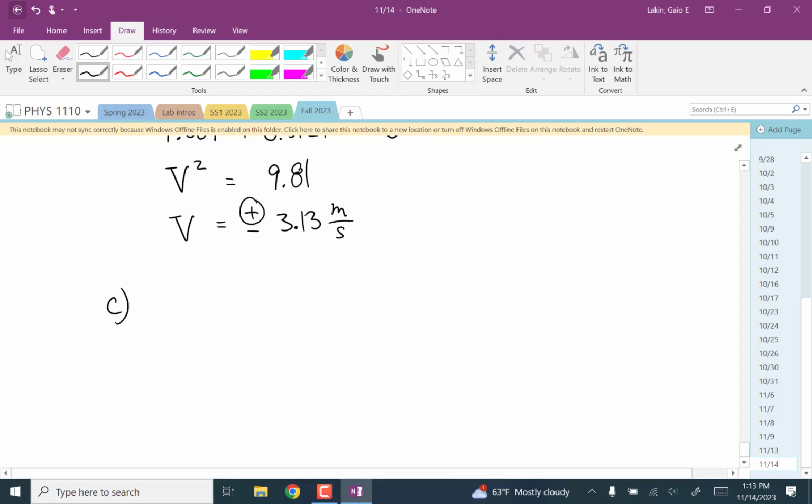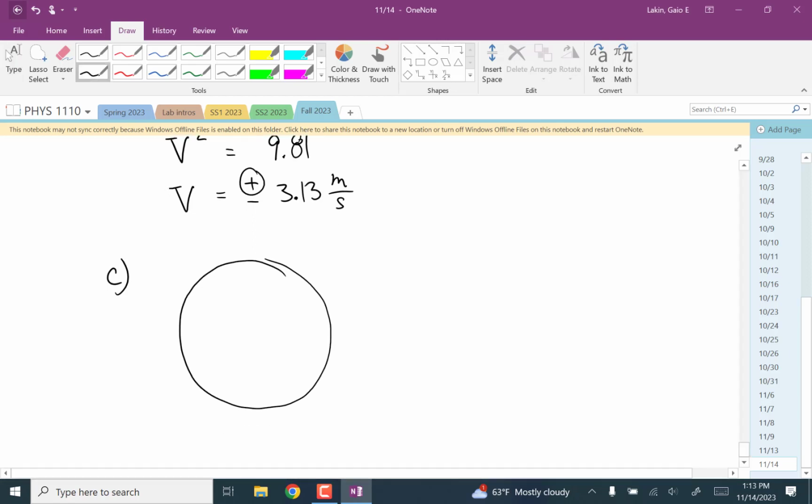And then the last step is we're trying to figure out the force in that string at the bottom. So again, we're going back to a circular motion problem. Now we're looking at this point. The centripetal acceleration is up. Its magnitude is v² over r. 3.13 squared is 9.81. The radius of the circle is 0.2.